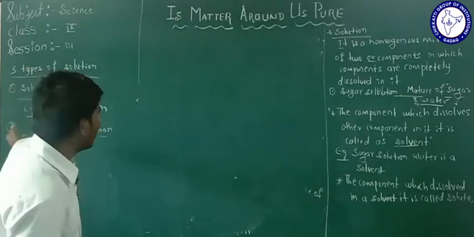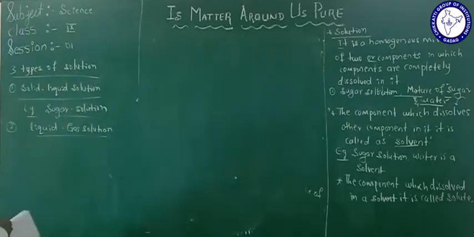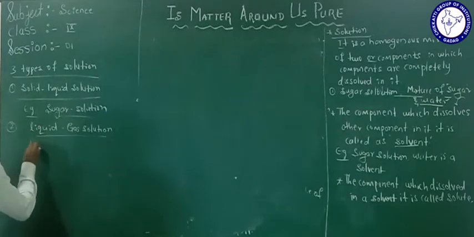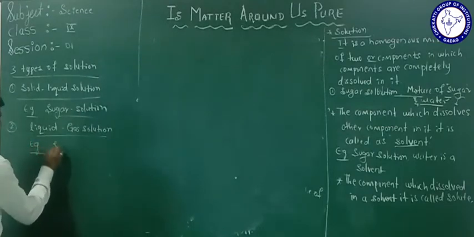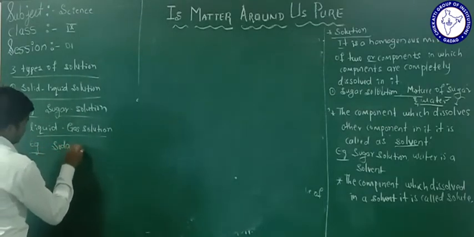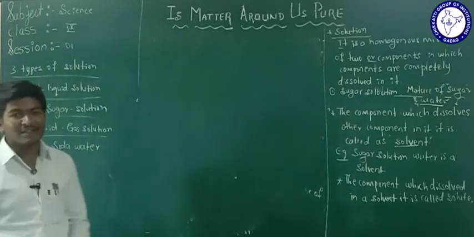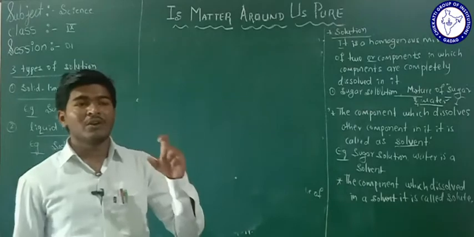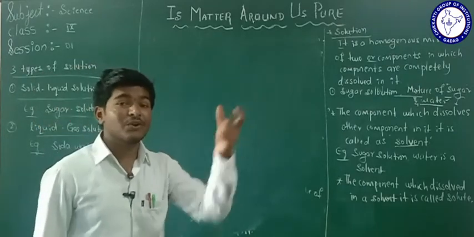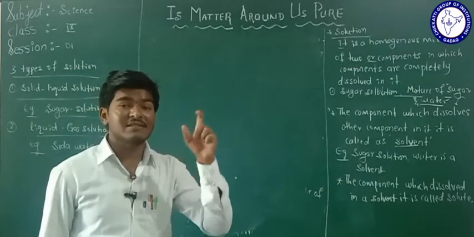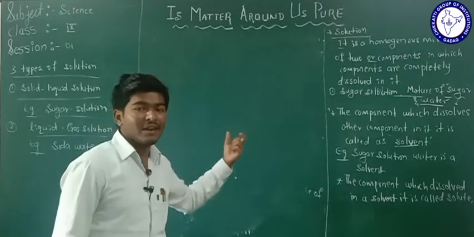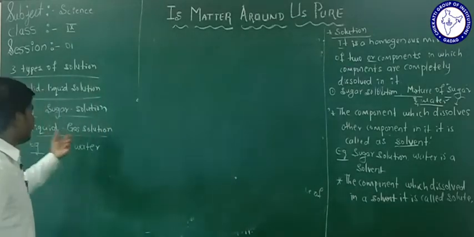An example for the liquid gas solution is soda water. Soda water consists of some gases, and your cold drinks also consist of some gases dissolved in them. That is another example for the liquid gas solution.